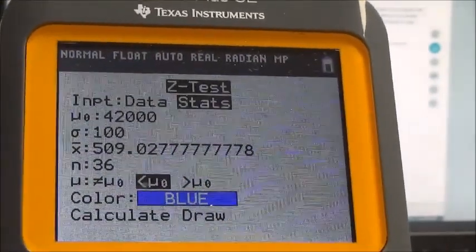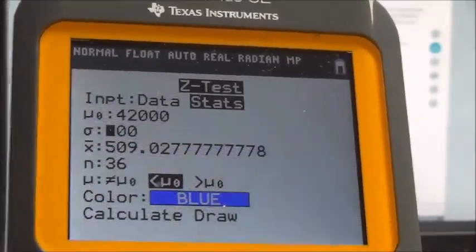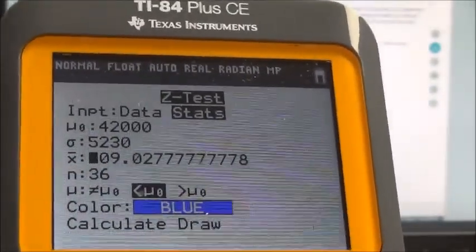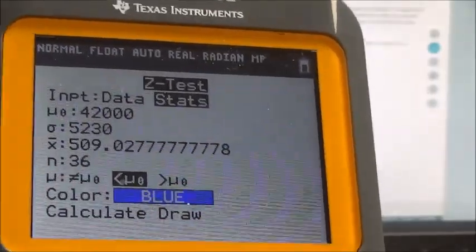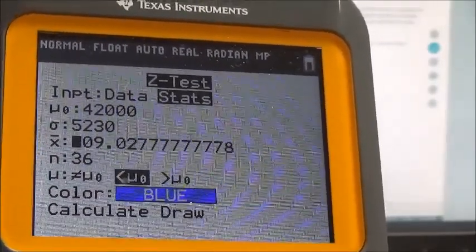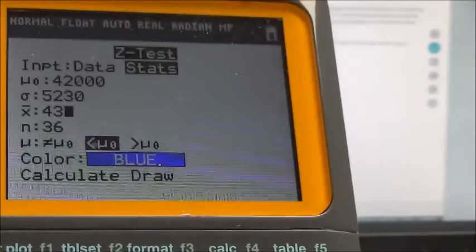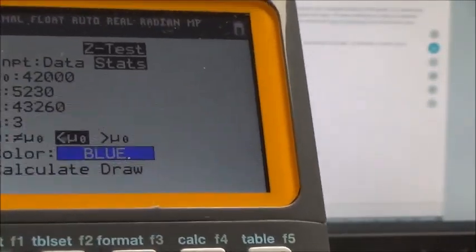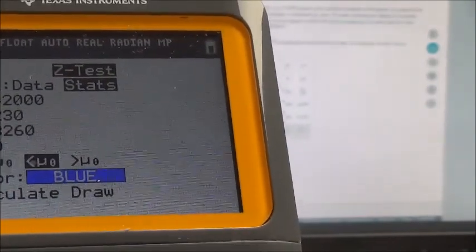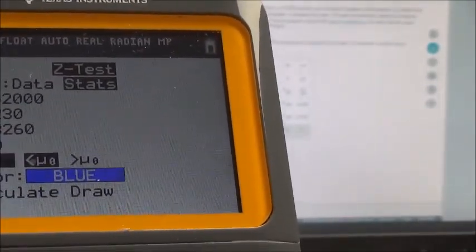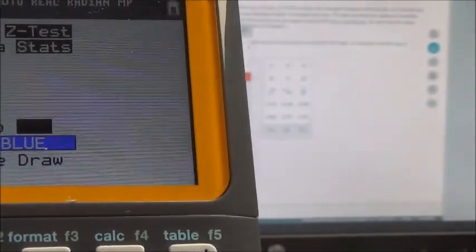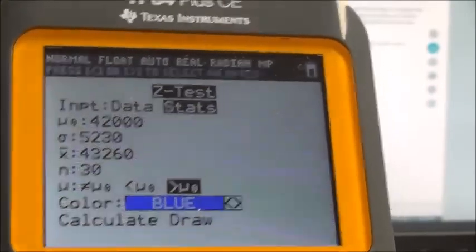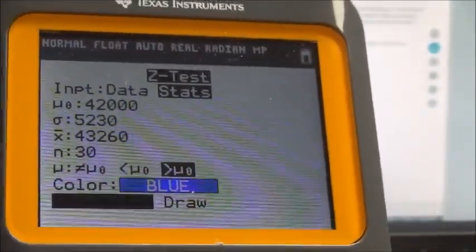My standard deviation was 5,230. My sample mean, 43,260. And the number of people were 30. We are going to test the claim that the mean is greater than, so we want to highlight the greater than one. And once we have that information in there, we can go ahead and calculate.